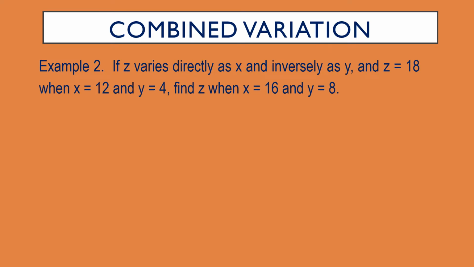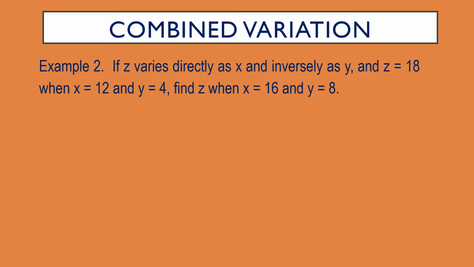Let's have another example. If z varies directly as x and inversely as y, and z is equal to 18 when x is equal to 12 and y is equal to 4, find z when x is equal to 16 and y is equal to 8.